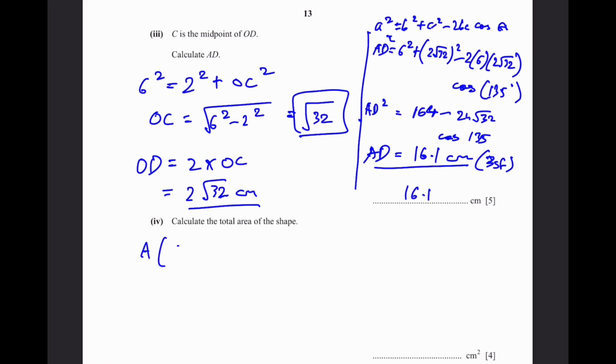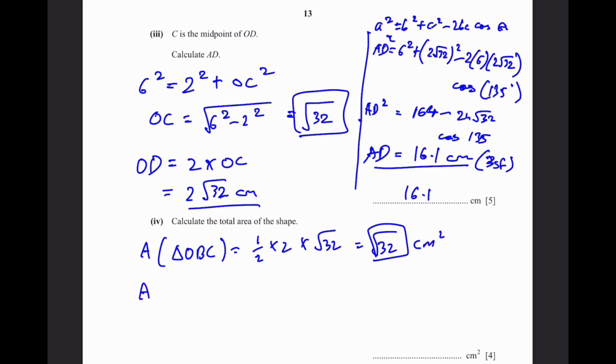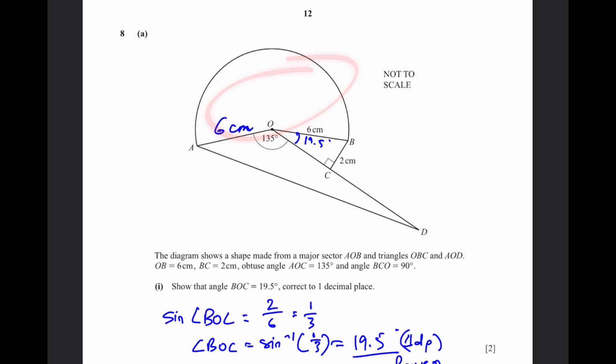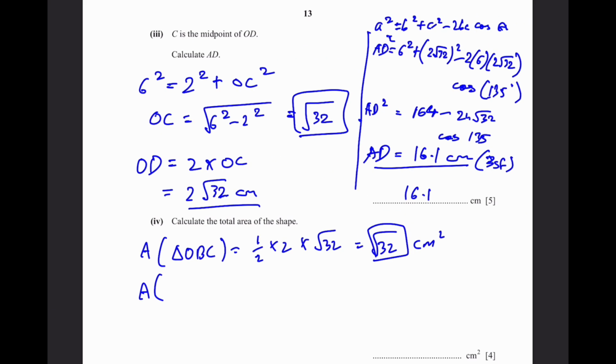The area of triangle OBC is half times 2 times root 32, which is root 32 centimeters squared. Now the area of this sector, we already know is 64.6.